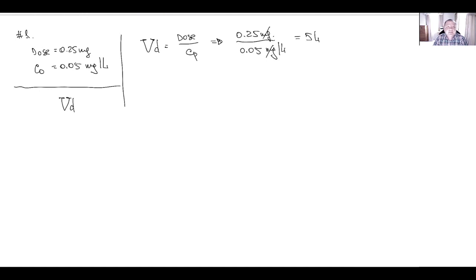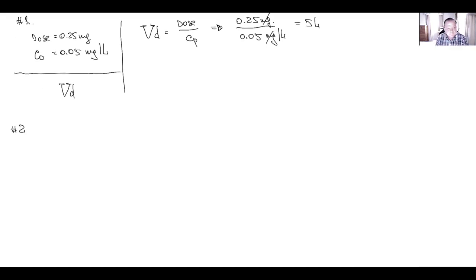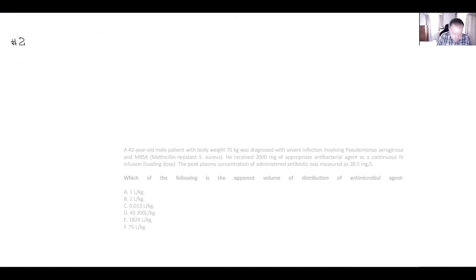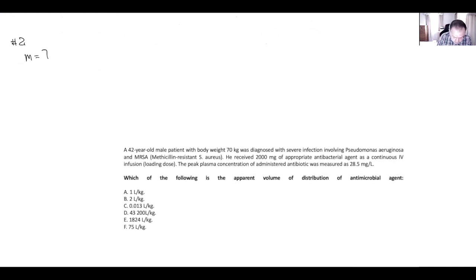Next question. Body mass. You see, do not miss this information. Always keep this information. We have a 70 kg person, and we have a dose equal to 2000 milligrams.